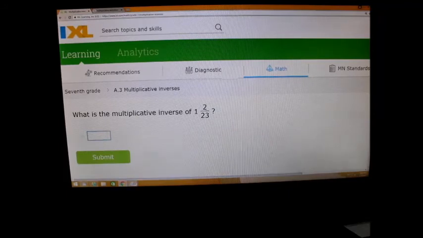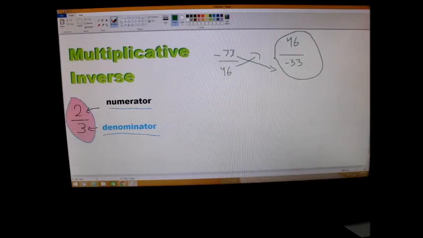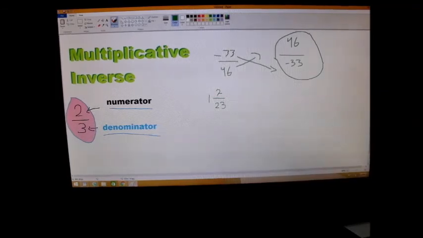What is the multiplicative inverse of 1 and 2 over 23? The question is asking us what the multiplicative inverse of 1 and 2 over 23 is. First, we have to change this into an improper fraction.